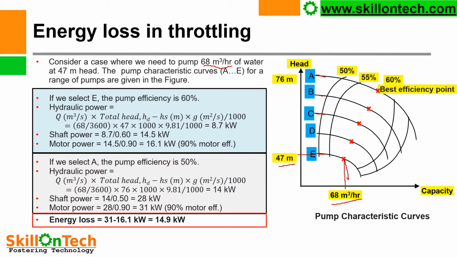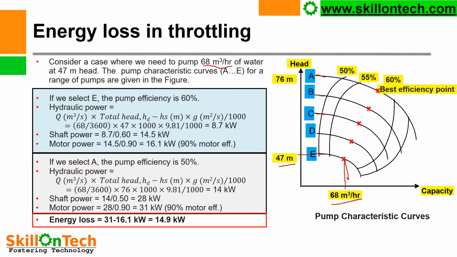If we calculate motor power, then 14.5 upon 0.90, meaning 90% motor efficiency is considered, we will work out 16.1 kilowatt power for the motor operating a pump at 68 meter cube per hour flow requirement and at 47 meter head.